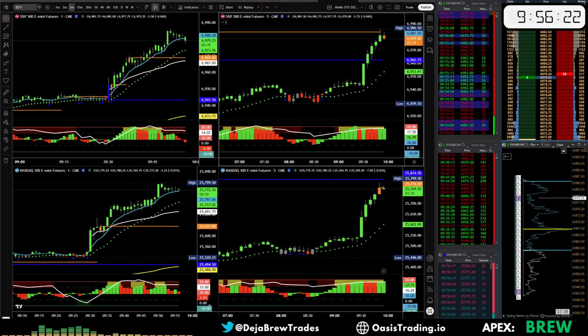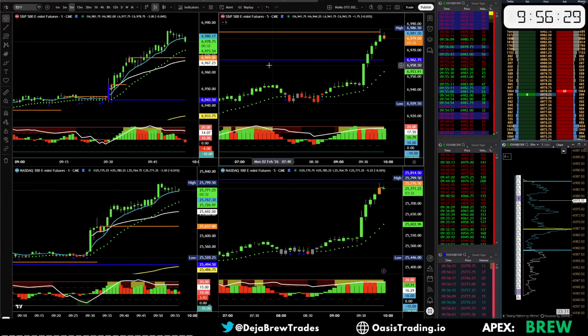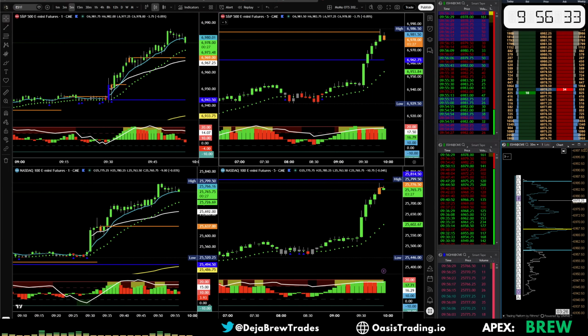Watch those 5-minute lows. We haven't tested one so far, but we do have data coming out in a couple of minutes that could push us down. If it does start coming down, watch that daily VWAP at 67.